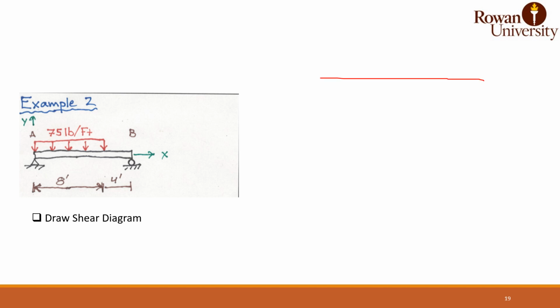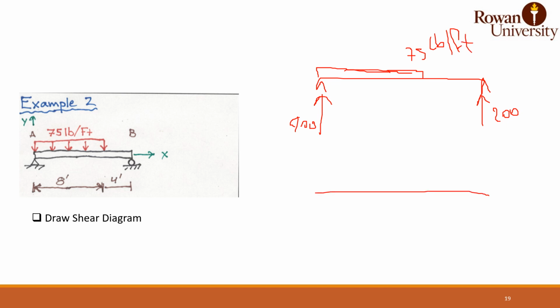Since now we know the reactions, at B it was 200, at A it is 400 pounds, and our load now is a uniform load. From this step, you should not be using the resultant, you should be using the actual load, which is 75 pounds per foot. So in order to draw the shear diagram, you're going to do the same.